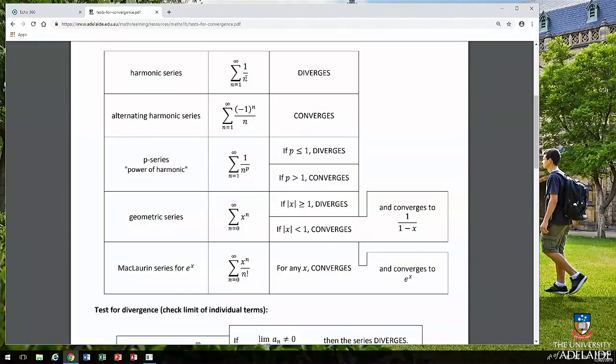Since for large n, n squared plus 3n minus 7 is approximately n squared, and if it was n squared, it would converge because it's a p series.